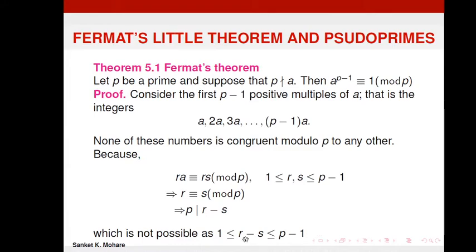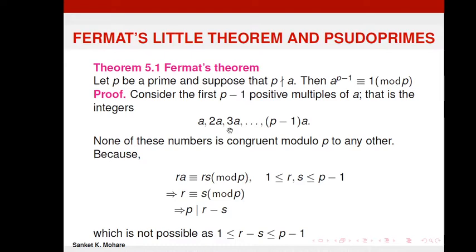That's why p must be greater than r minus s. So p does not divide r minus s. So as from this inequality we obtained p could not divide r minus s, but earlier we obtained p divides r minus s. That's why it is a contradiction.